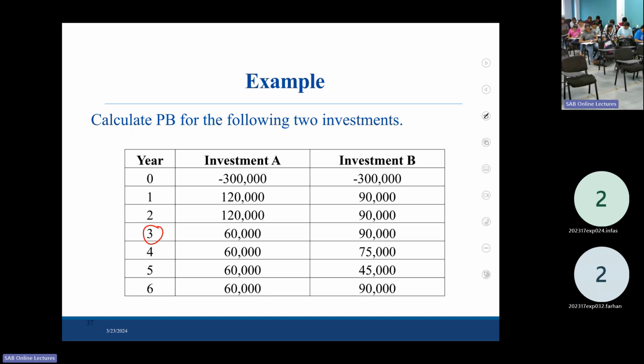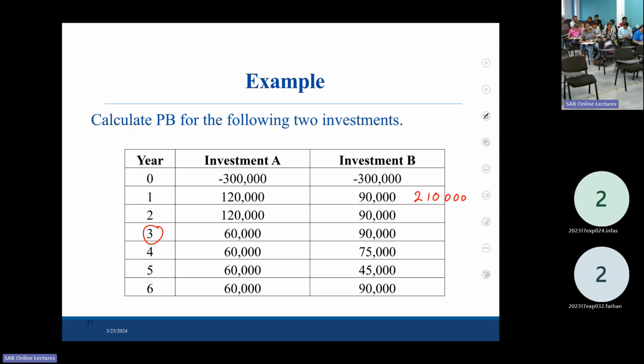Now for project B, the initial cost is 300,000. From 300,000, you can recover 90,000 in year 1, so 210 remains.